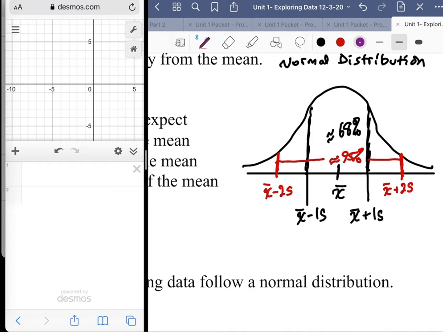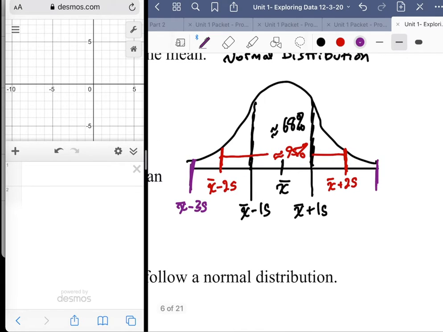And if I go out three standard deviations, I guess I have to put the 3 in there. Just for the sake of room, I'll extend it up a little higher. We would be accounting for about 99.7% of the data.